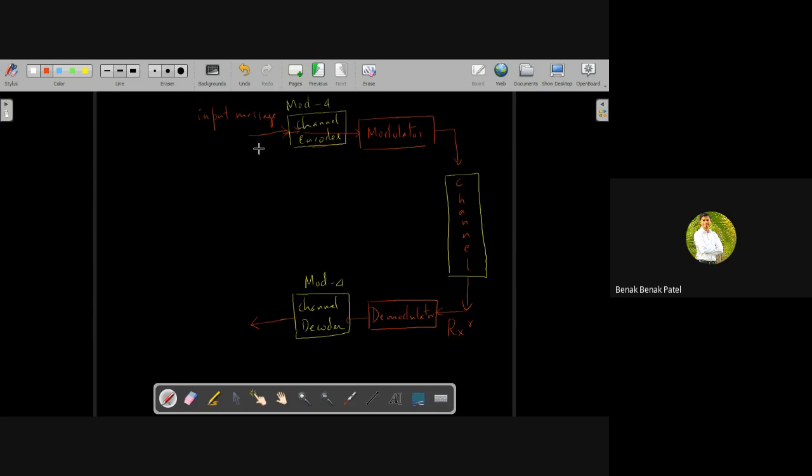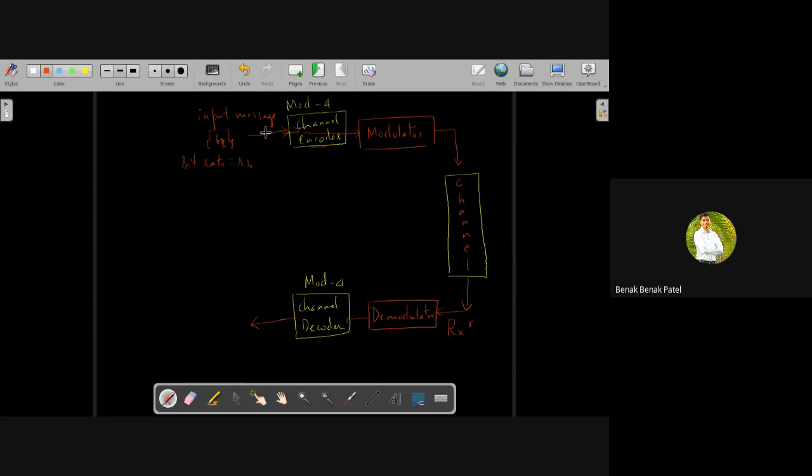Here we'll think of these input messages in terms of blocks, or in general it is represented as b subscript k, and this block b subscript k is being transmitted into this channel encoder at a bit rate of rb bits per second.